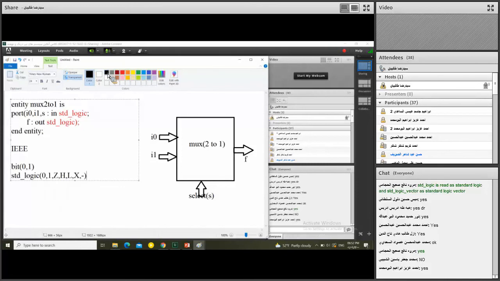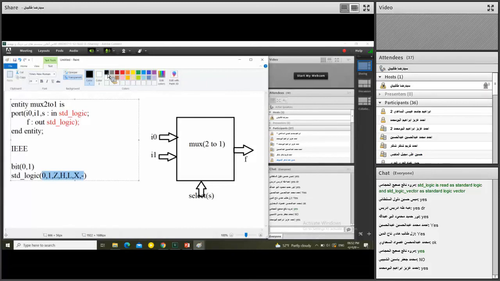If you write a standard logic, Std Logic, in your description, in your VHDL coding, it means that you can have different choices. You can have 0, 1, high impedance, don't care, high, low, undefined number, something like this.